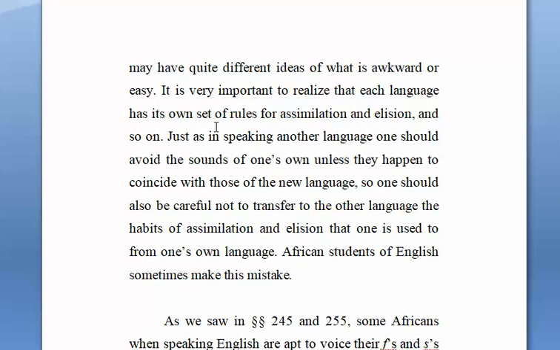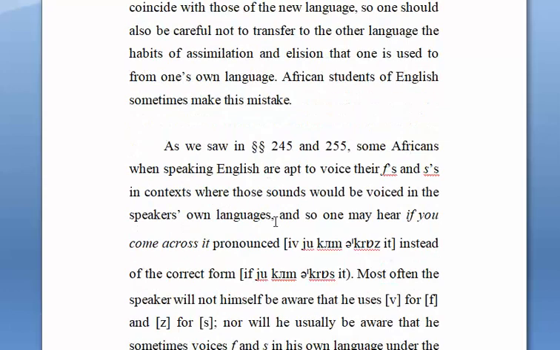Just as in speaking another language, one should avoid the sounds of one's own unless they happen to coincide with those of the new language, so one should also be careful not to transfer to the other language the habits of assimilation and elision that one is used to from one's own language.